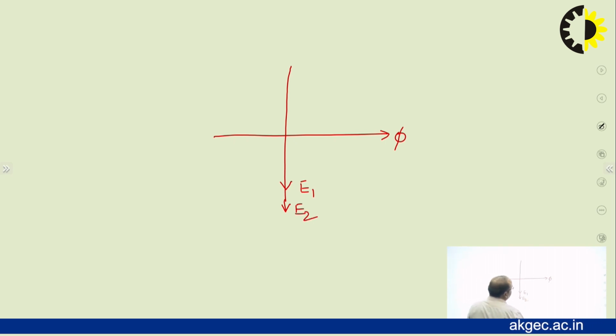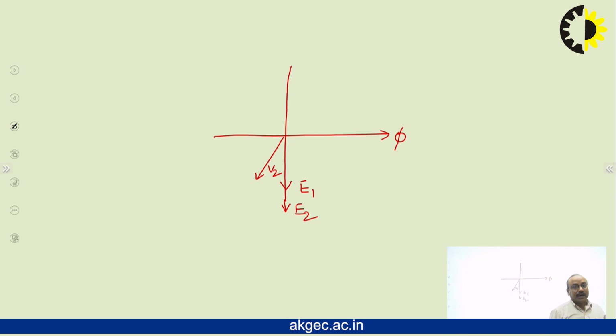Now the secondary side voltage and current. V2 is the terminal voltage of the secondary, taken on this side. Suppose the load impedance connected across the secondary of the transformer is of lagging power factor nature. Then the current in the load impedance, I2, will be lagging by some angle from the load voltage V2. So I2 will be somewhere here.